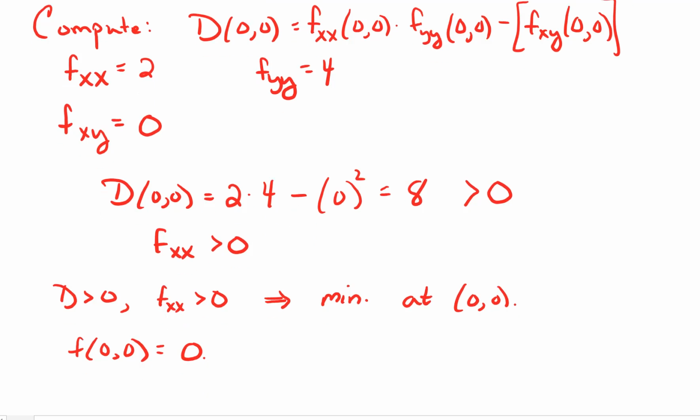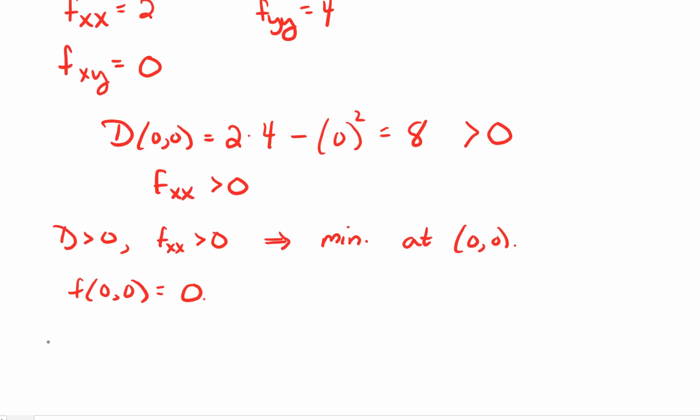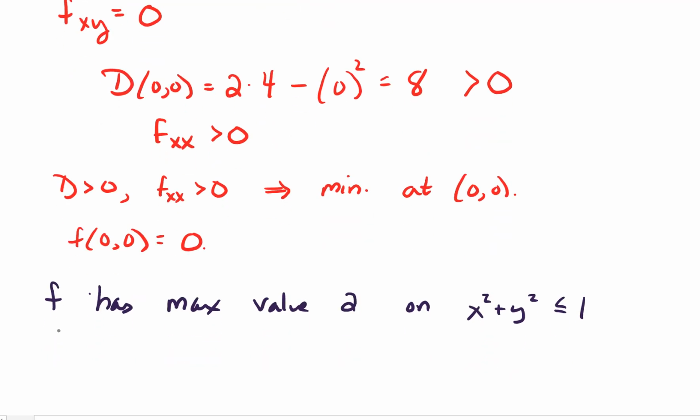So to summarize, f has max value 2 on the disk x squared plus y squared less than or equal to 1. And f has a min value 0 on the disk x squared plus y squared less than or equal to 1.